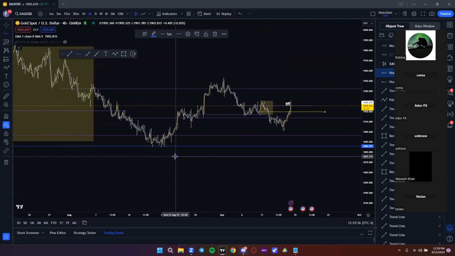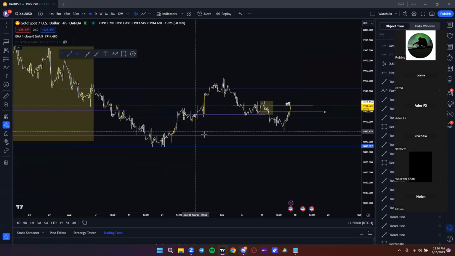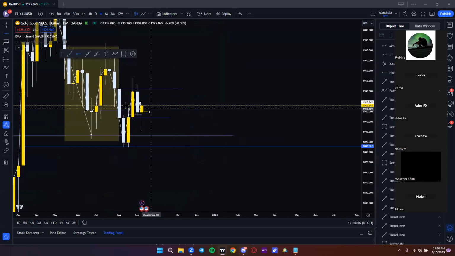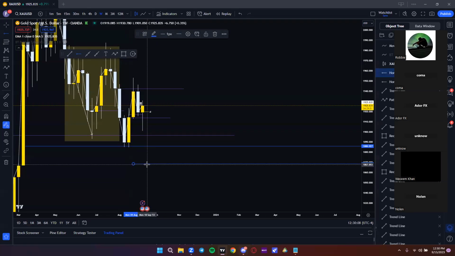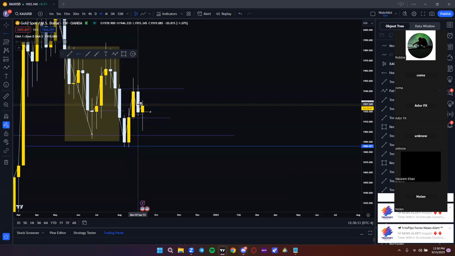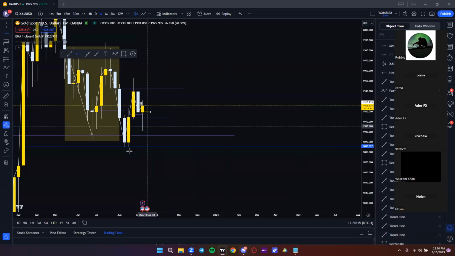Yeah, so it found support. So to confirm the breakouts of the weekly, we would need to see price, after the breakout, find support. We would need to confirm that this breakout is true or not.